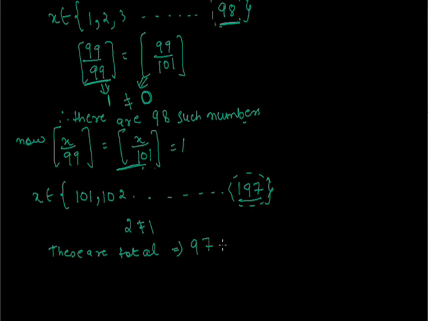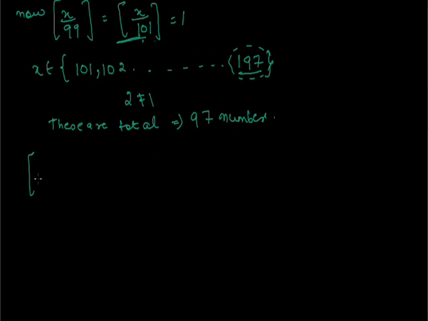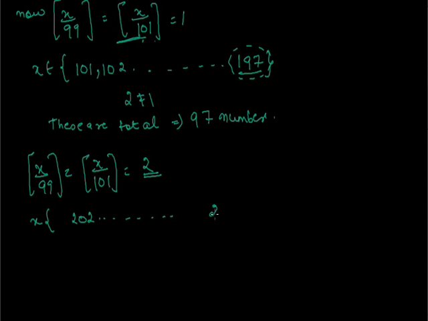97 numbers. Okay, now for the greatest integer of x by 99 and x by 101, when will it be 2? When x will belong to 202 to 296. Here these are in totality 95 numbers.